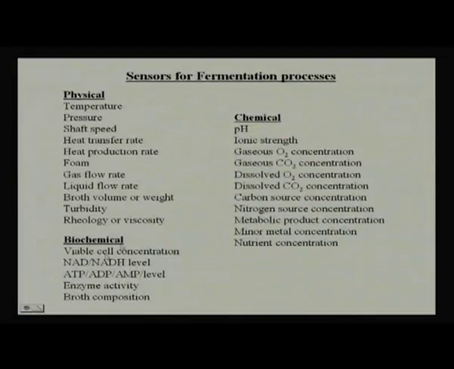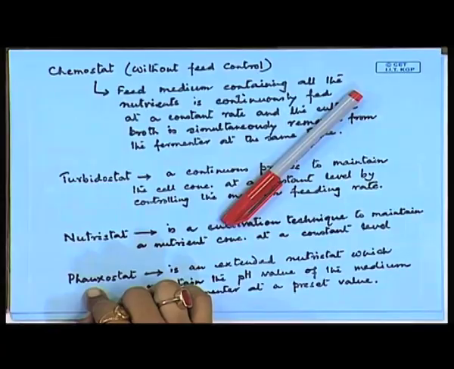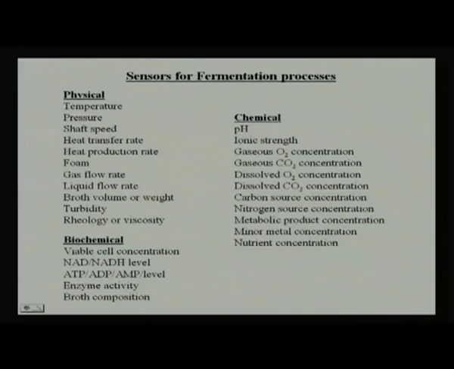When we are going for the chemical sensor, we can measure the pH, just as I have discussed about the Foxostat. The pH should be maintained constant throughout the reactor, throughout the reaction time. So, when we are going for such type of fermentation, there should not be any change in the pH.